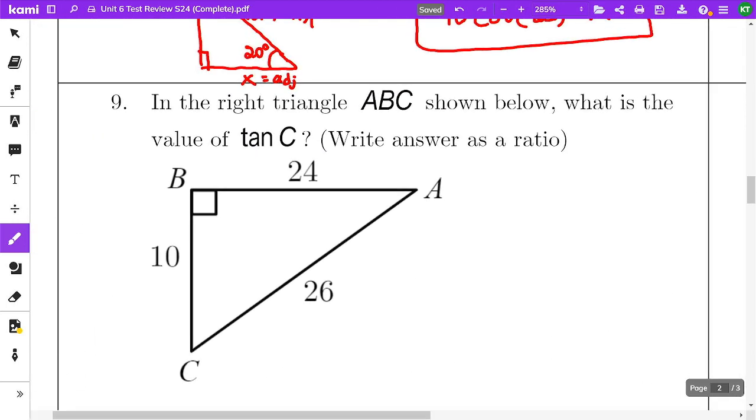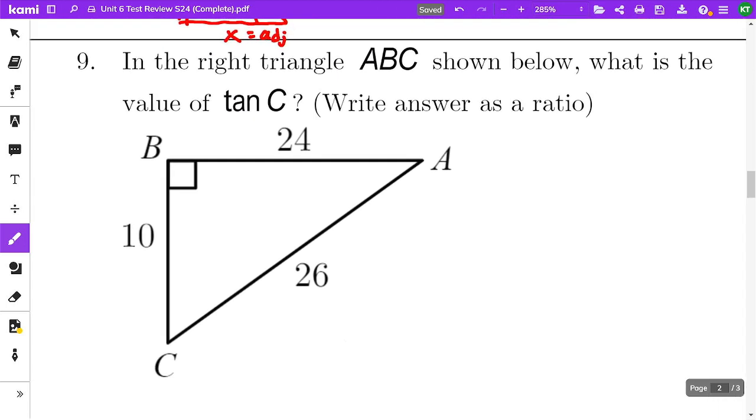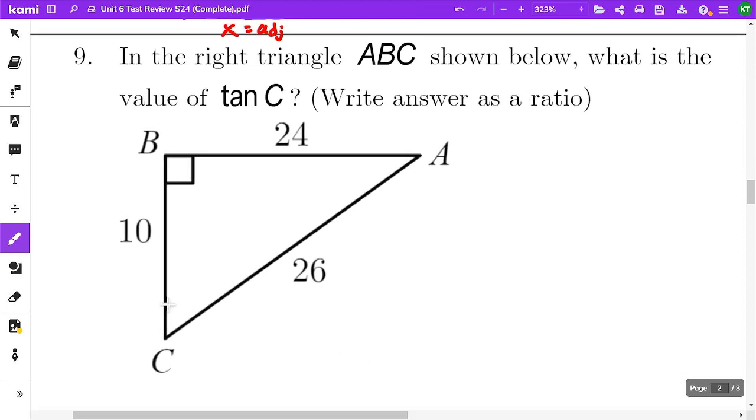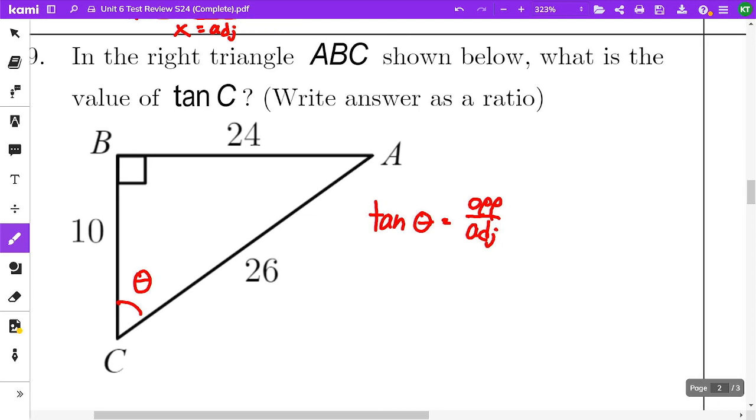This question is asking us for the value of tangent c. C is going to be this angle, so I'll say it's theta, and tangent theta will always be equal to opposite divided by adjacent. So our opposite side here from this angle is 24, and my adjacent is 10 because it's right next to it.